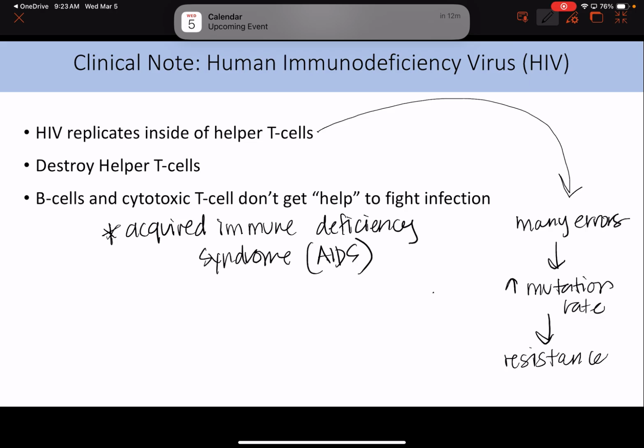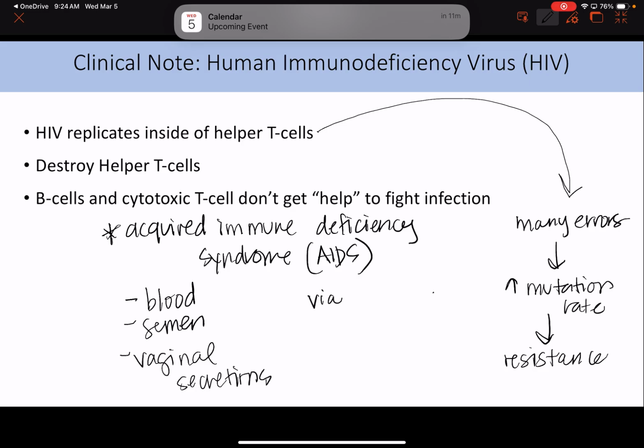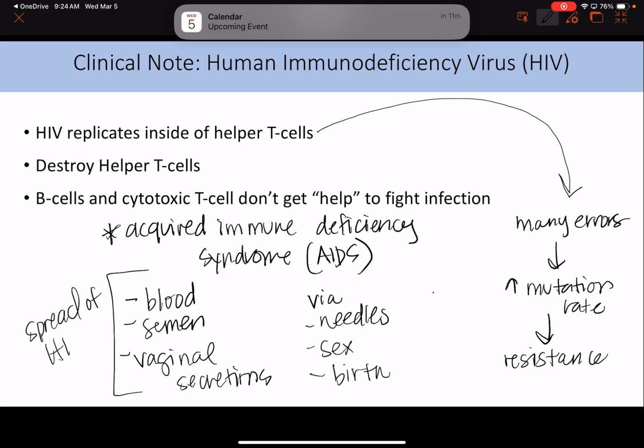And make sure that you know that HIV can be spread through blood, semen, vaginal secretions, and so it's spread via needles, sex, and childbirth. And this is how you contract HIV. You cannot contract AIDS. HIV develops into the syndrome of having a deficient immune system.